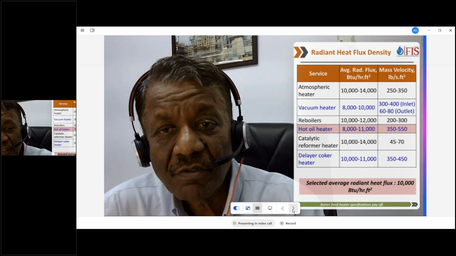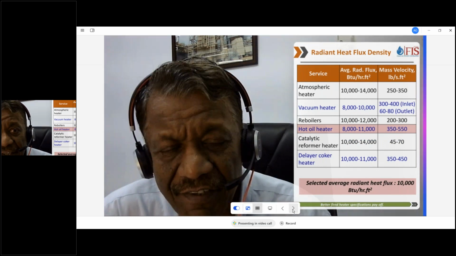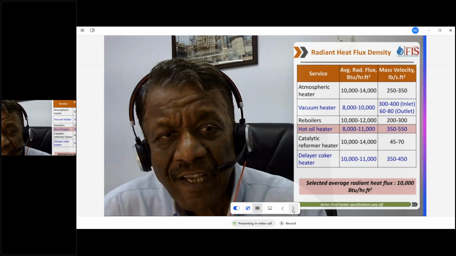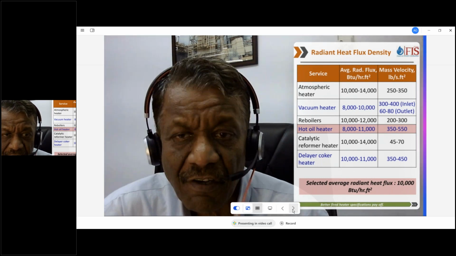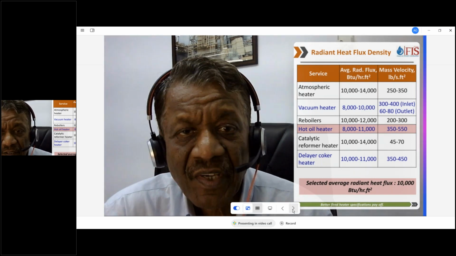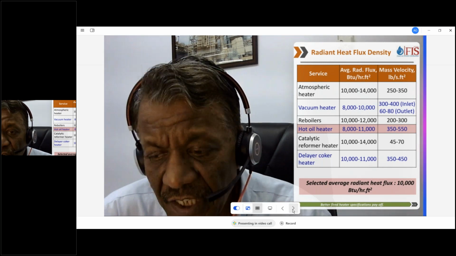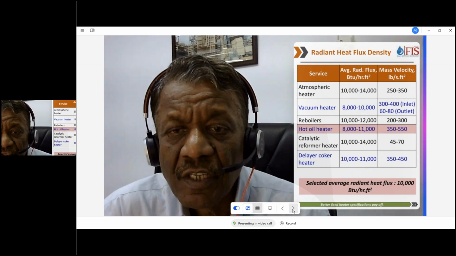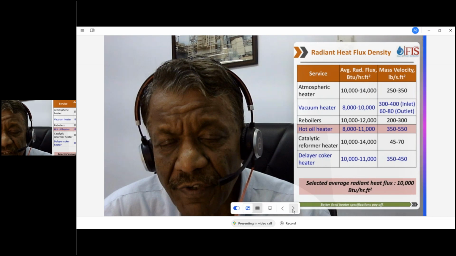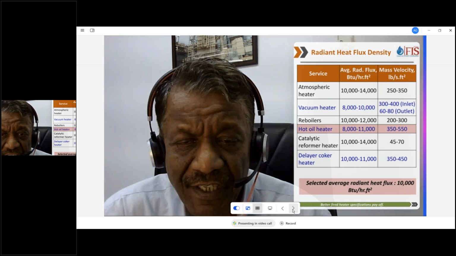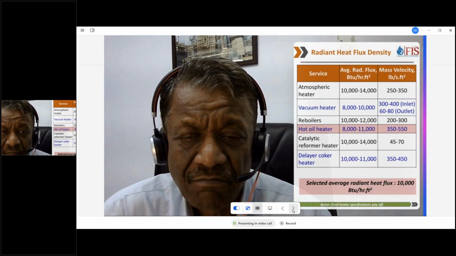So this is an average guide for heat fluxes and mass velocity. And I have a thumb rule. If you don't know the flux you want to go with, just use a number which is very, very safe, 10,000.